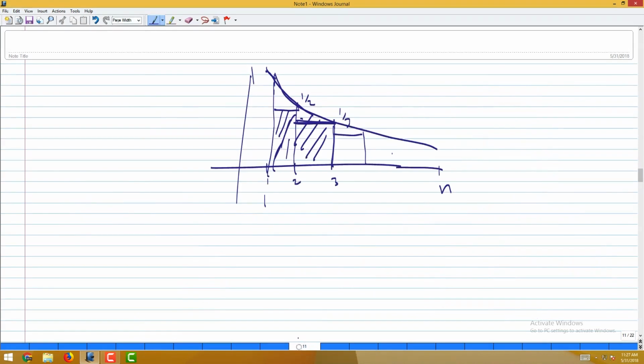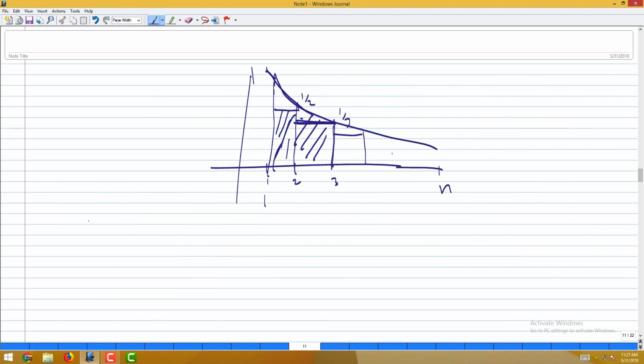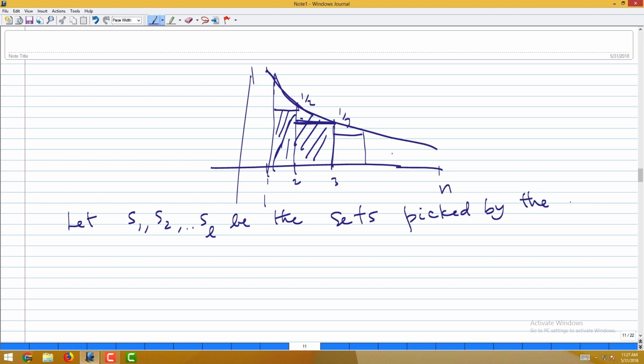So, what we are going to do is the following. The claim is this. Let S1, S2, ..., SL be the sets picked by the greedy algorithm.